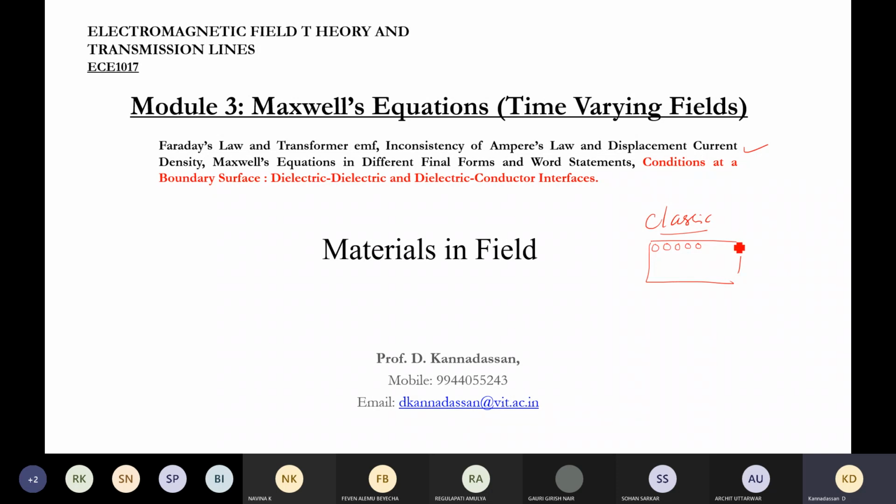Classical can be classified as before the beginning of the 20th century. After that, quantum mechanics concepts evolved, and there they started to clearly define the electron, proton and all the subatomic particles, and band theory came. Band theory will not come here.